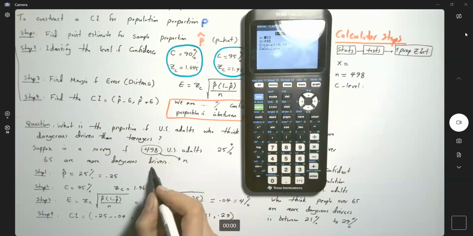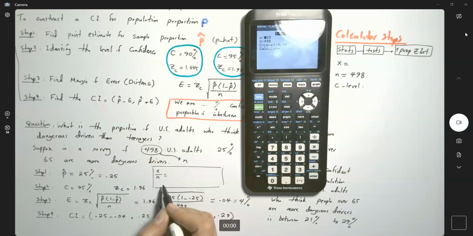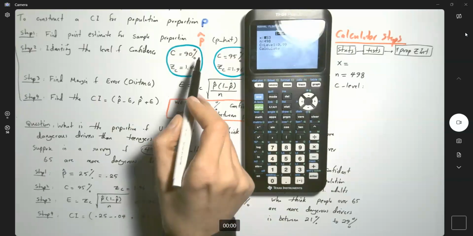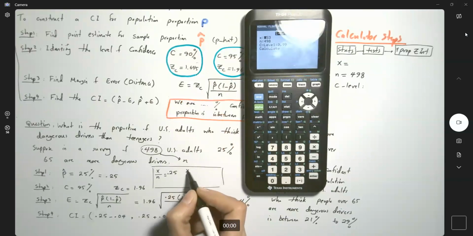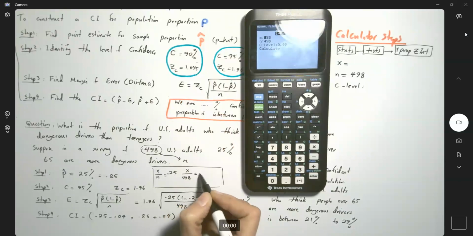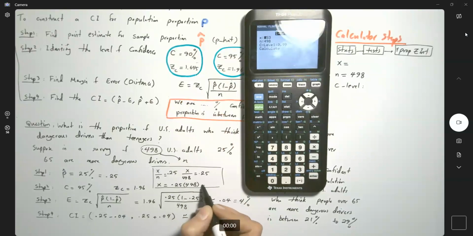Remember, let me open and close a box here. X divided by N is equal to 25%. This is the definition of P hat in general, right? X over 498 is 25%. So you can easily find X by multiplying 25% by 498.